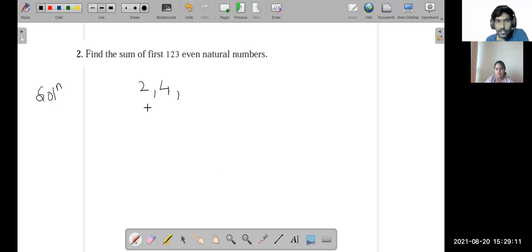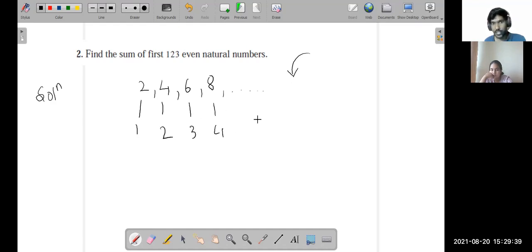Like the first number is 2, the second is 4, the third is 6. We have to add them, so it becomes a sum. We don't know which will be the last term. This is the first even number, this is the second, this is the third, this is the fourth. You have to go up to the 123rd even number, but we don't know which it is. 122, right? No.